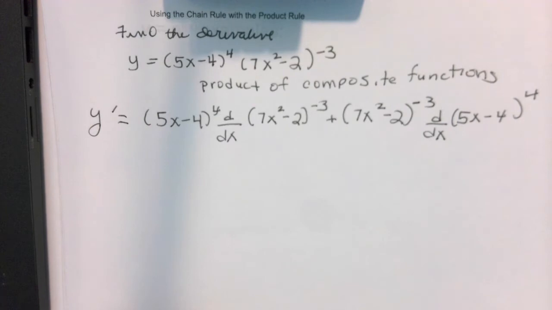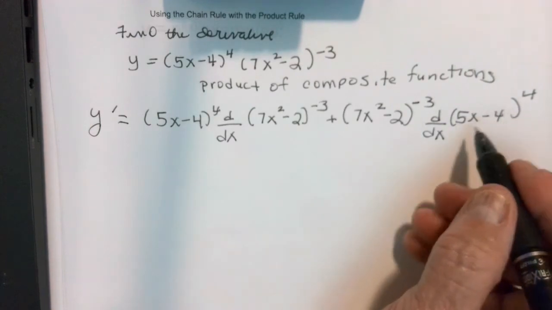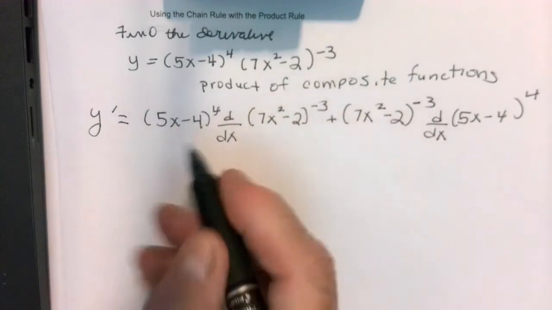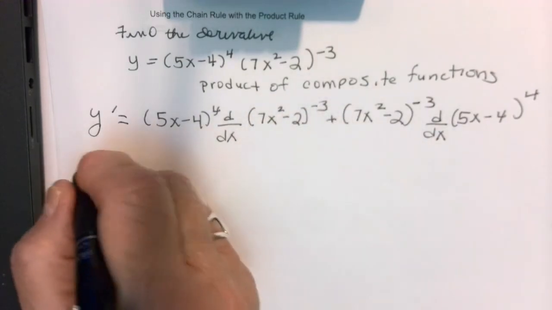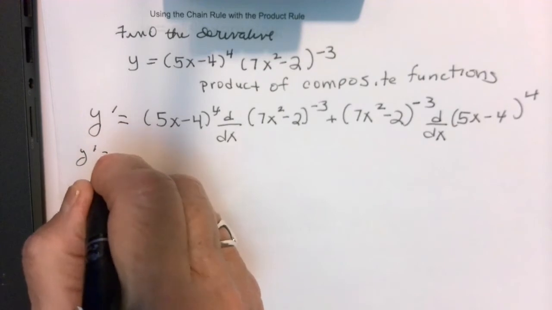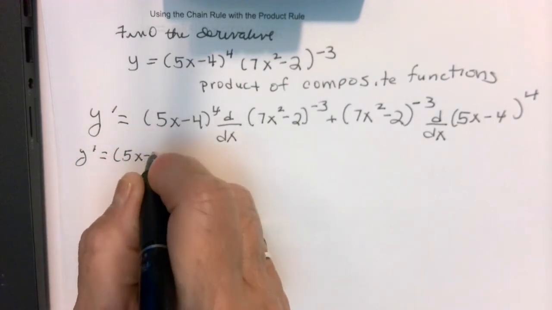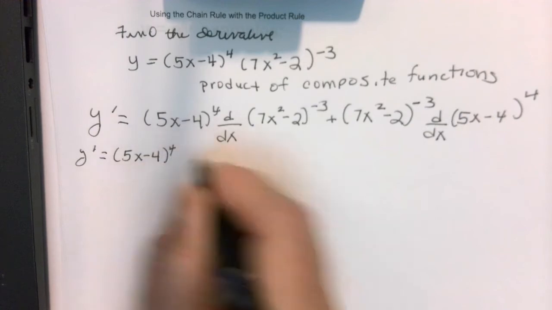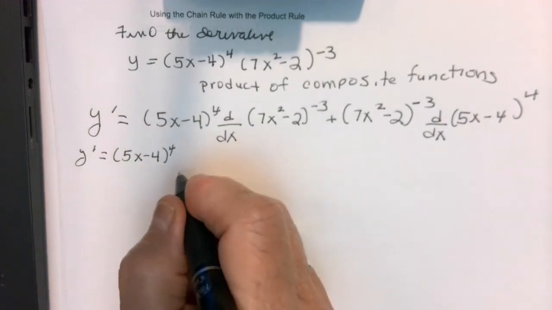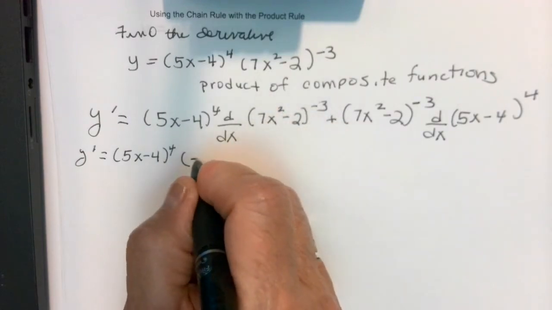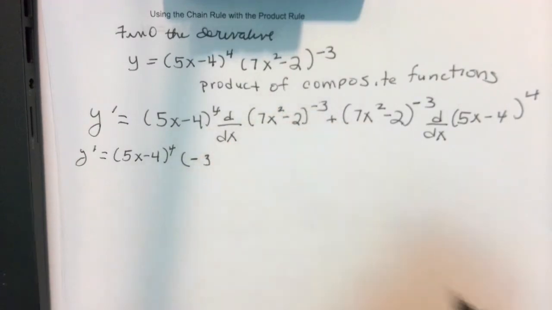Okay. And so even within, I'm going to have to use a chain rule here, and I'm going to have to use chain rule here. So my y prime is going to be equal to 5x minus 4 to the fourth, and then I'm doing the derivative of this. So I've got to use a chain rule here because I've got a composite. So I'll bring down the minus 3.